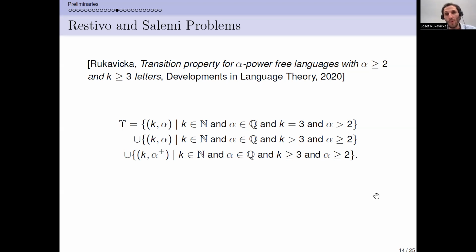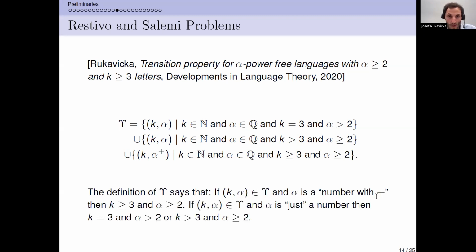If you cross this border of 3 and 2, you need to look carefully whether the results hold or not, because depending on whether you have alpha plus or just alpha, the result may not hold for this configuration. This is just what I have explained.